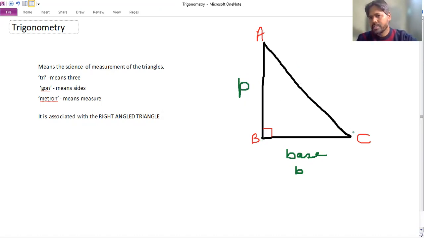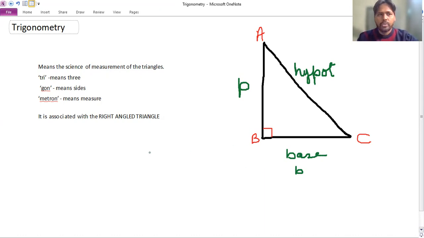And the longest side of this right angle triangle is known as the hypotenuse, which comes from the Pythagoras theorem that we have already seen in our previous classes.